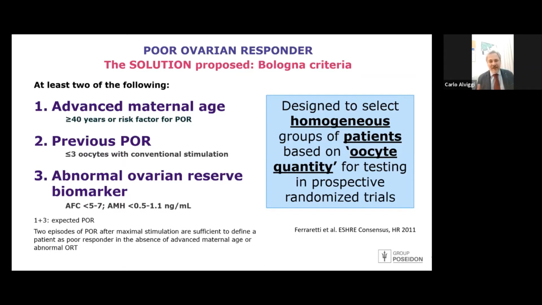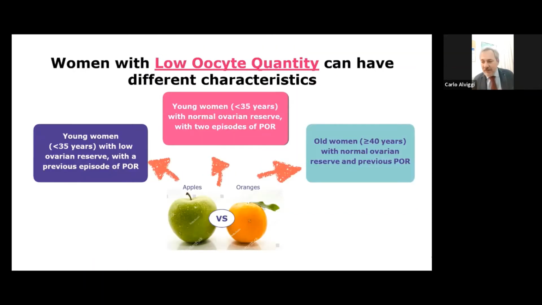Having so many combinations, because you can have 1 + 2, 1 + 3, 2 + 3, or all 3, you run the risk of putting totally different phenotypes in the same box. So you can have a patient 35 years of age who had one or 2 previous POR, and you can have a patient 42 years of age.